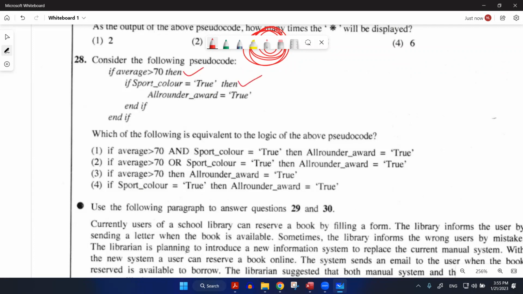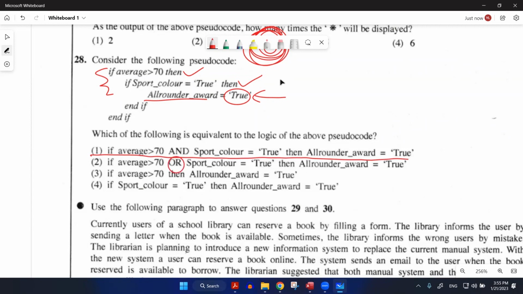Then when it is correct, it gives you this assignment. That means both the conditions should be satisfied to have true assigned to the all-rounder award. That means we have to go with the AND clause, because the AND clause is the one which checks whether both the conditions are true or not. So the correct answer is going to be the first one.